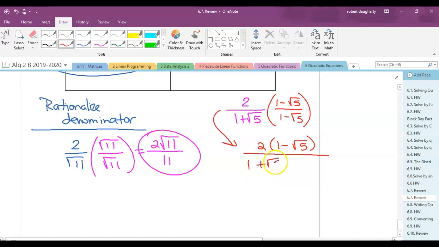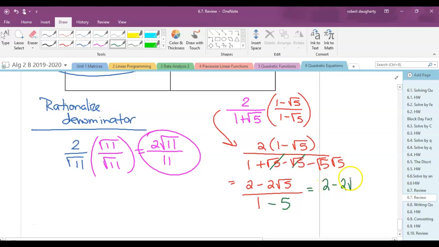I get plus the square root of 5 minus the square root of 5 minus the square root of 5 times the square root of 5. So this gives me 2 minus 2 square root of 5 over 1. These two terms cancel, and this is just minus 5. So this is 2 minus 2 square root of 5 over negative 4.